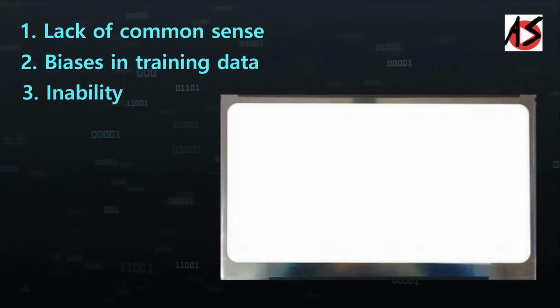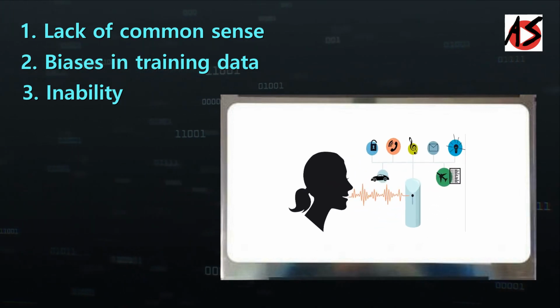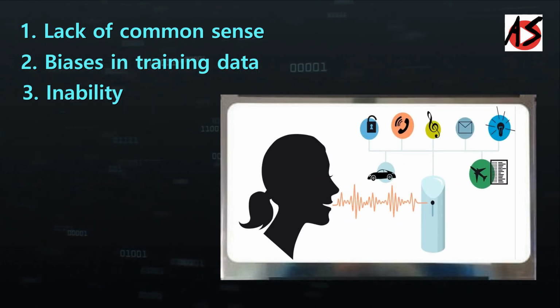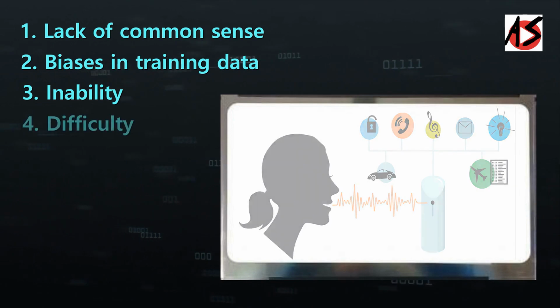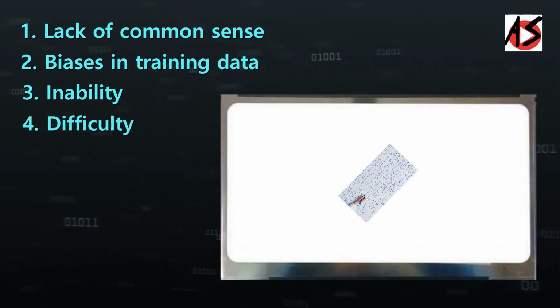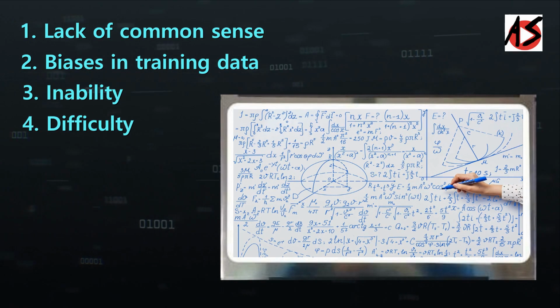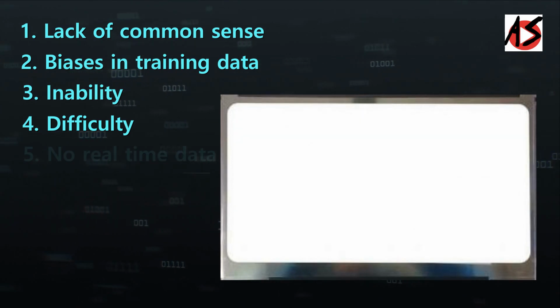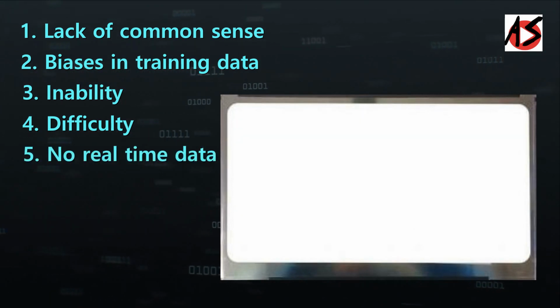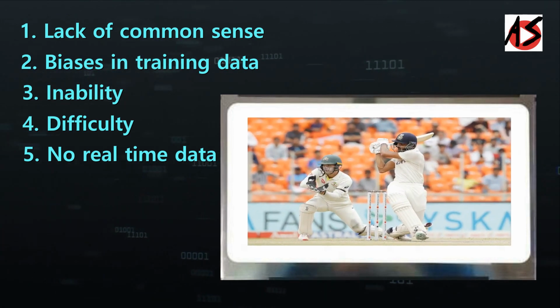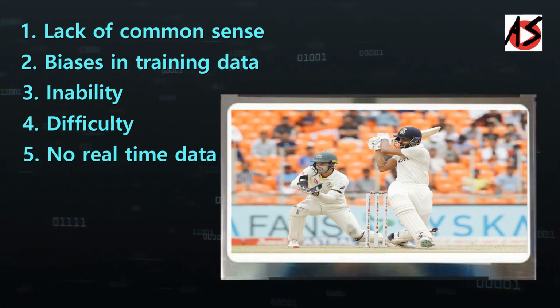Inability to understand non-textual input such as images or speech. Difficulty in handling complex questions or multi-step tasks. It doesn't give real-time data. So if you ask what is the score of the India versus Australia live match, it fails to give an answer.